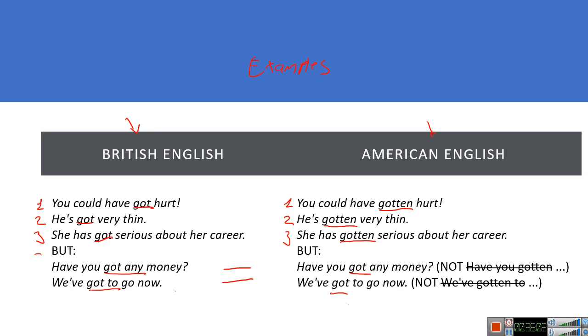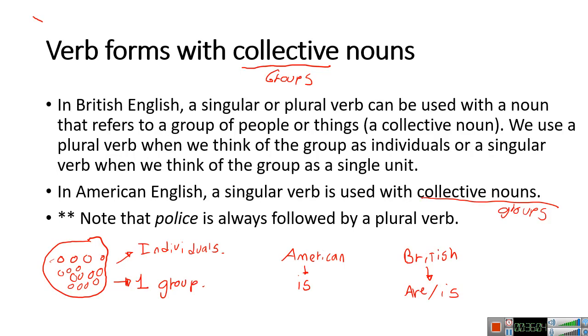Okay, teacher, continue to the other. This is collective nouns. That means groups. We can have a collective noun like family, my team, buildings, any type of group will work.